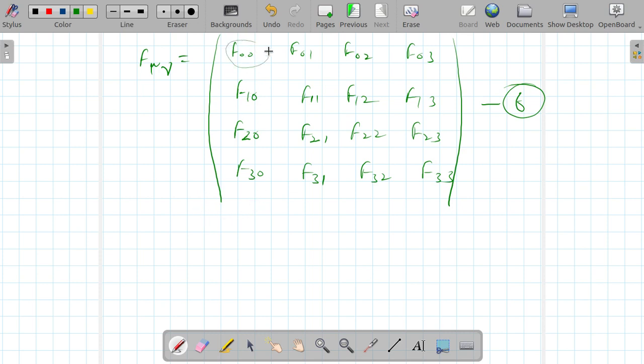And all the diagonal quantities must be 0 in this case, as we know that F mu mu must be equal to 0.